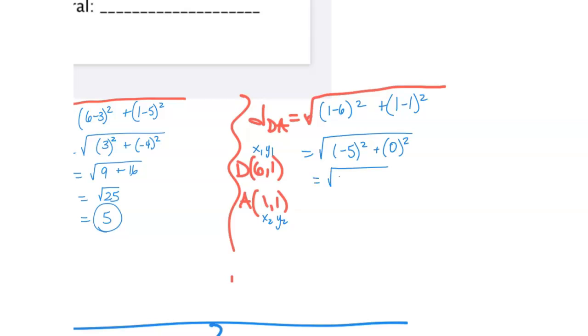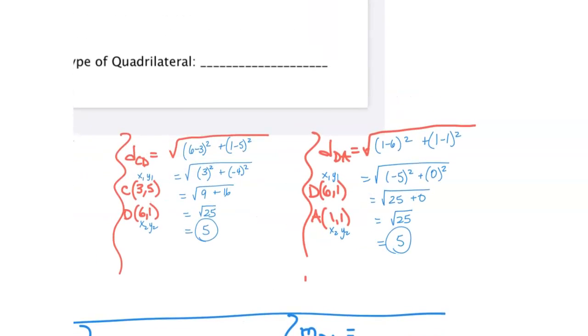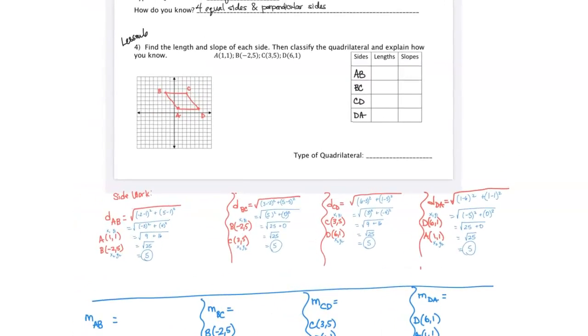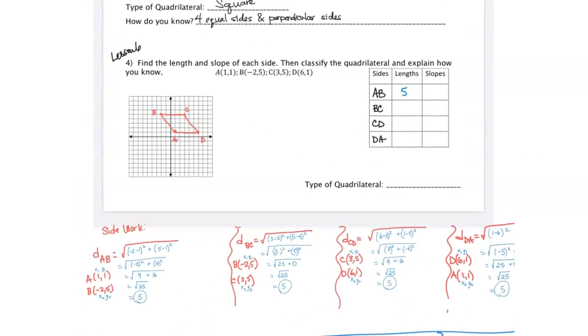So this is 25 plus 0, which gives us a square root of 25, which is 5. So our answer here is again 5 units long. So for each of our 4 sides, our lengths are 5, 5, 5, and 5.